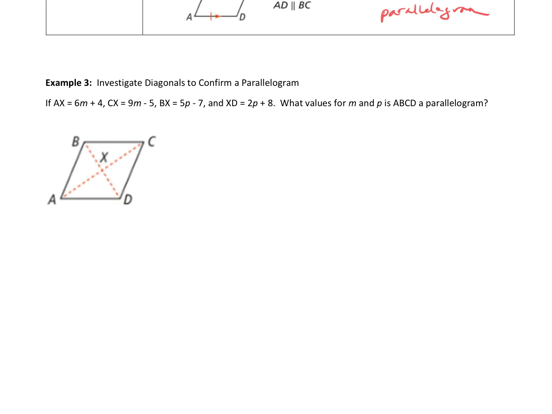So if this is a parallelogram, then those diagonals would bisect each other. So ABCD is a parallelogram if the diagonals bisect each other.